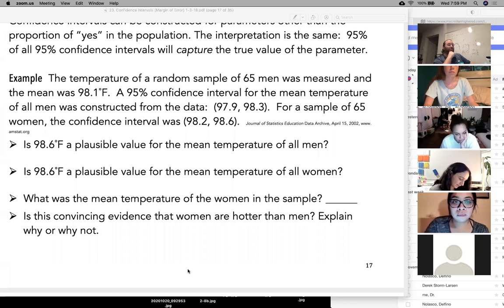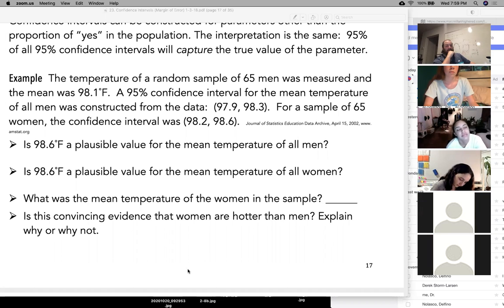So because these two intervals overlap, we actually do not have convincing evidence that women are temperature-wise hotter than men. Okay? So it's not convincing because they overlap? Because they overlap. There are plausible values that actually appear in both. Maybe men are 98.28 and women are 98.23, and really men are higher.